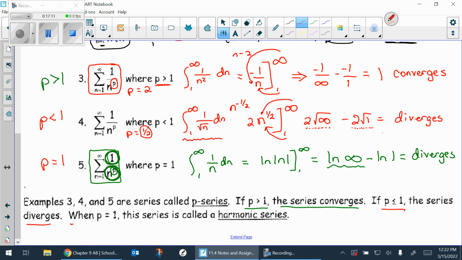Now when p equals 1, the series is called a harmonic series. I don't find that to be a real useful piece of information, but if I ever do, I'll let you know. What is useful is the relationship between the exponent on the bottom and whether the series converges or diverges.